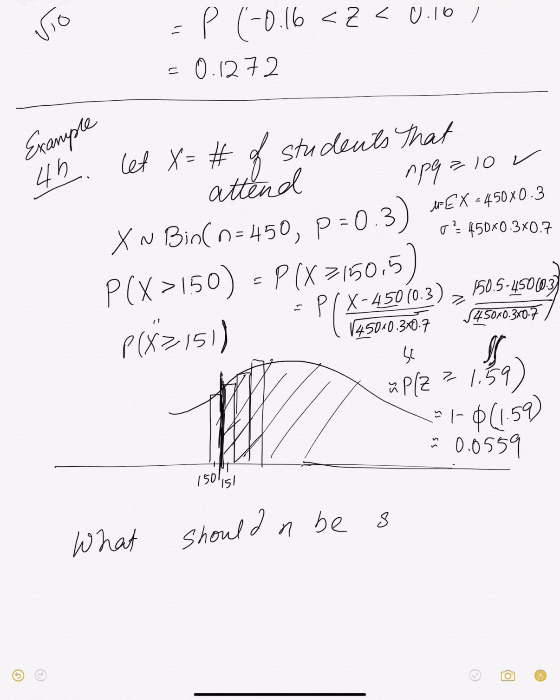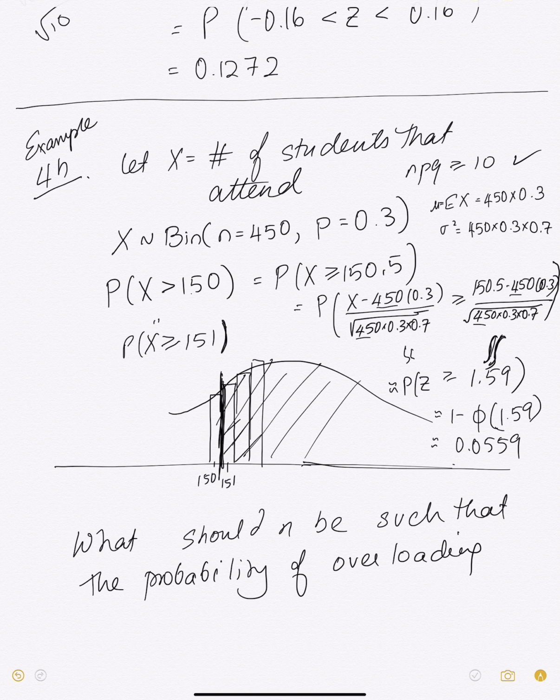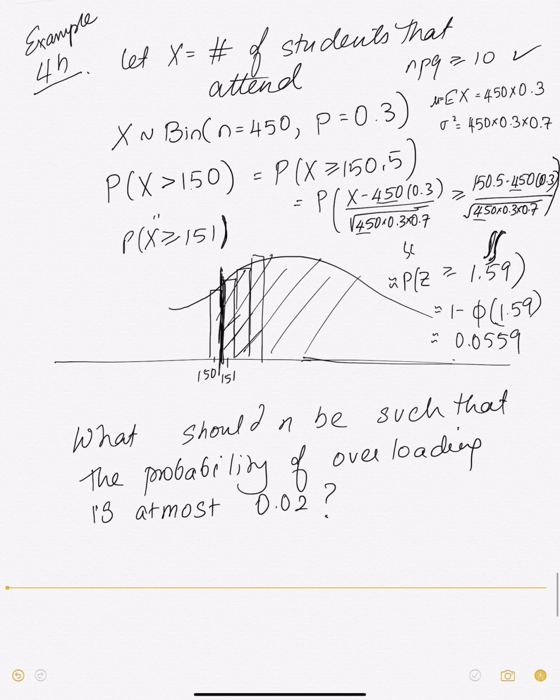What should N be such that the probability of overloading is at most 0.02? If you want, I can write: what is the maximum N can be such that the probability of overloading is at most 0.02.